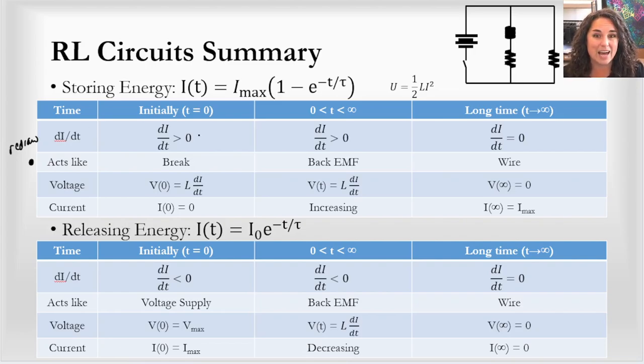If a branch is acting like a break, don't draw it in your circuit. It's not adding anything, so don't draw it in. As opposed to if it's a wire, that completely changes the circuit. Okay? So we're going to keep this as we move forward to solving problems, and I wish you luck on that.